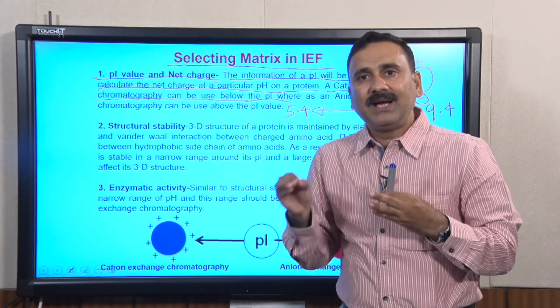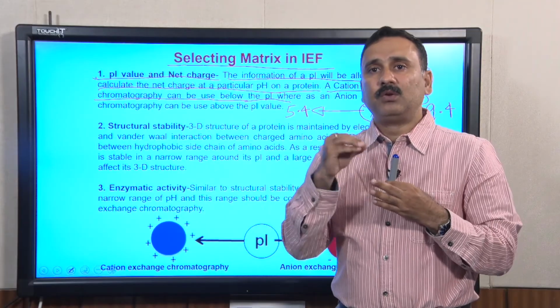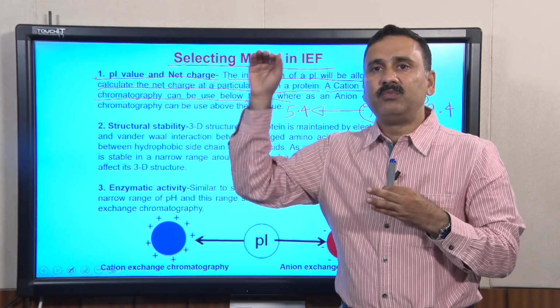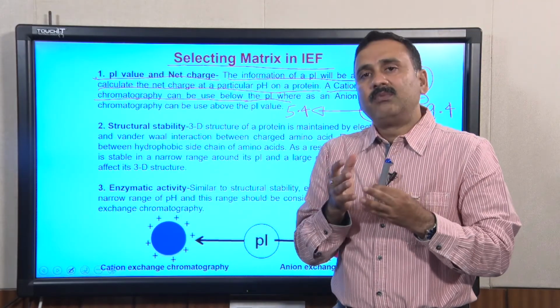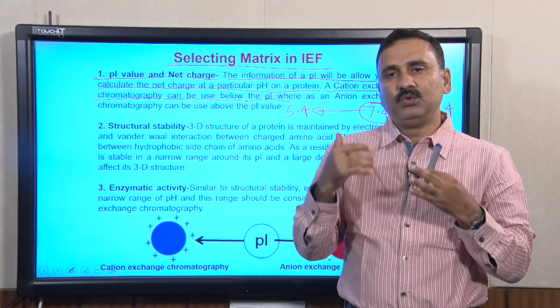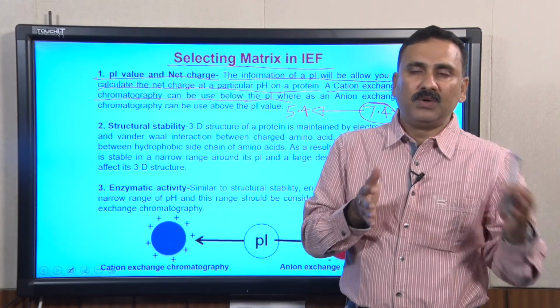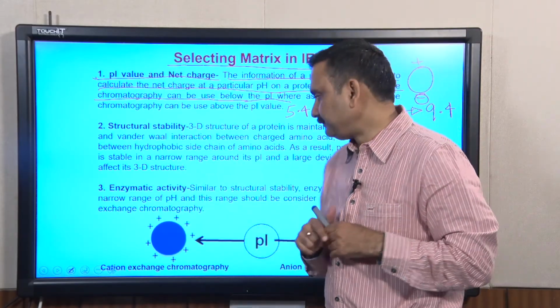If you go lower than that, it will still bind, but the affinity would be so low that as soon as you put in the washing buffer, the protein will come out. So that is why this is the thumb rule, that you use the 2 pH difference either on the lower side or on the upper side.